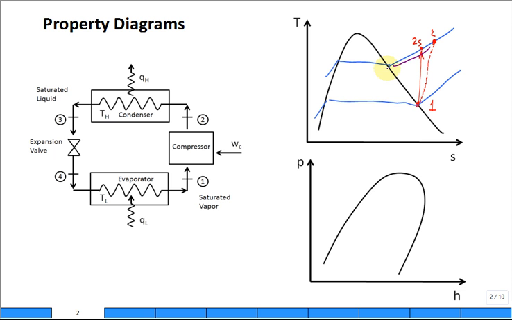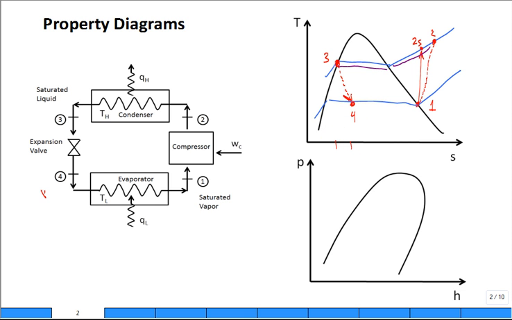Then it continues to cool. So it's at state 3, which is saturated liquid. Then there's no way to have a reversible expansion through that expansion valve. It's just a restriction. And so it's irreversible, dashed line, S increases, and there is state 4.